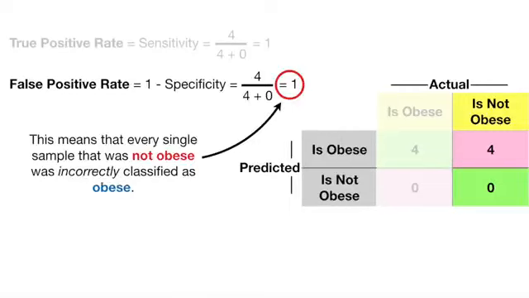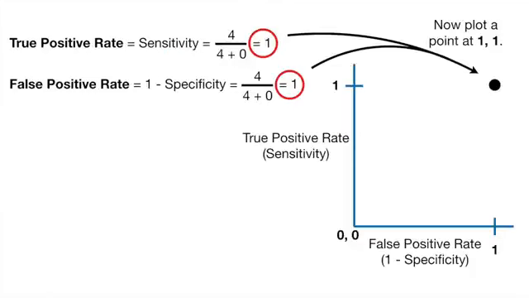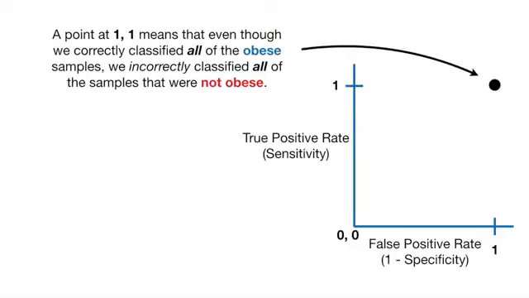This means that every single sample that was not obese was incorrectly classified as obese. Now plot a point at 1, 1. A point at 1, 1 means that even though we correctly classified all of the obese samples, we incorrectly classified all of the samples that were not obese.